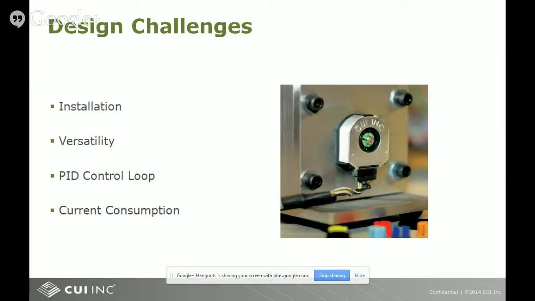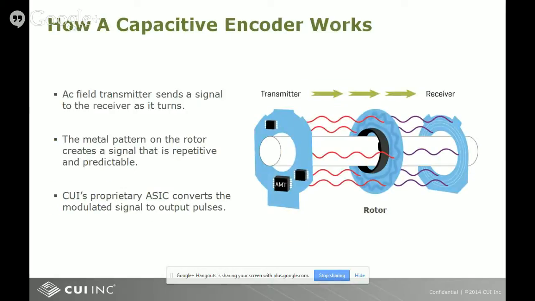And so when CUI came out with our capacitive encoder, it was really to target these design challenges that I just talked with you about. To give a brief overview of what a capacitive encoder is and how it works, you can see on the slide a breakout of what's going on inside the encoder.